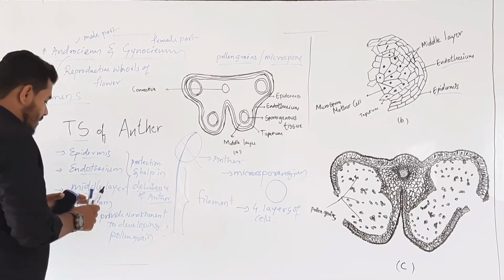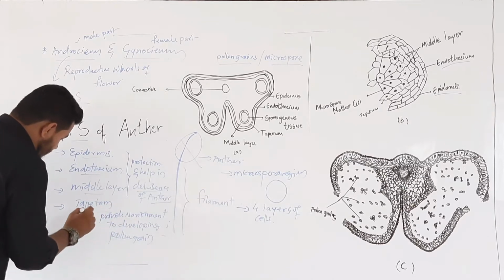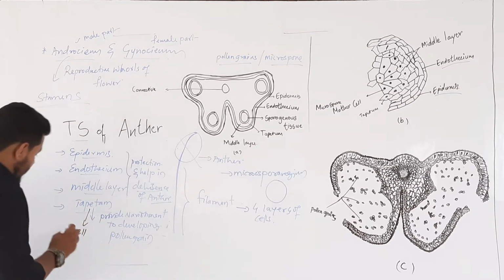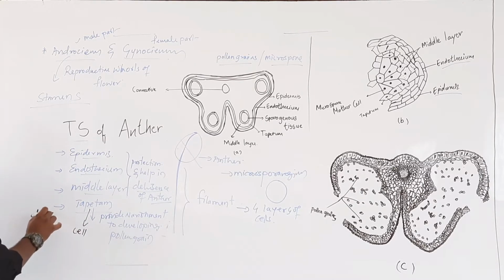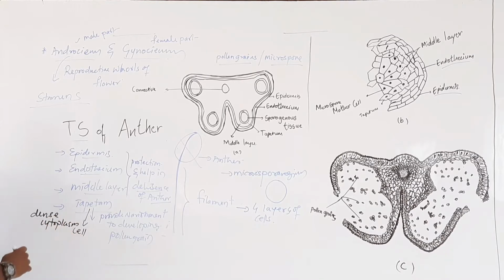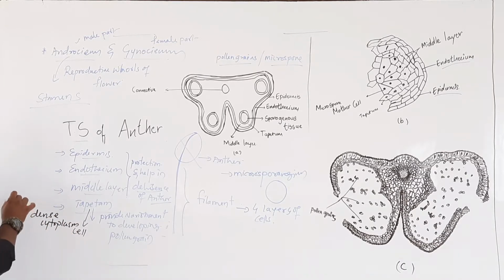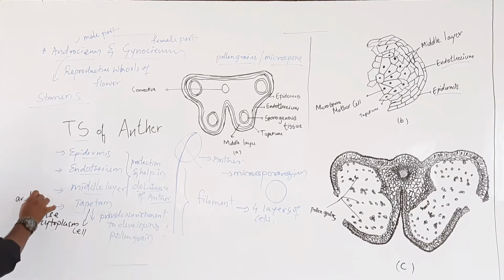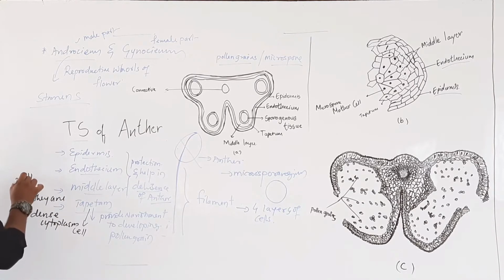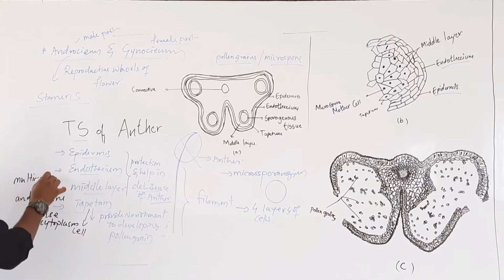For that purpose, the cells of the tapetum have dense cytoplasm and they are multinucleated.